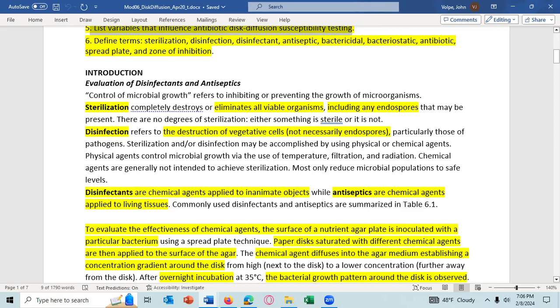Although bleach is not often used, in the early days of necrotizing fasciitis, the flesh-eating bacteria, one of the treatments, besides taking antibiotics, was to wrap the wound area in gauze that had been soaked in bleach. I'm not sure of the concentration of the bleach, but my point is the bleach was used to treat the skin with necrotizing fasciitis. So bleach in this case was used as an antiseptic, not as a disinfectant. Any question about that?